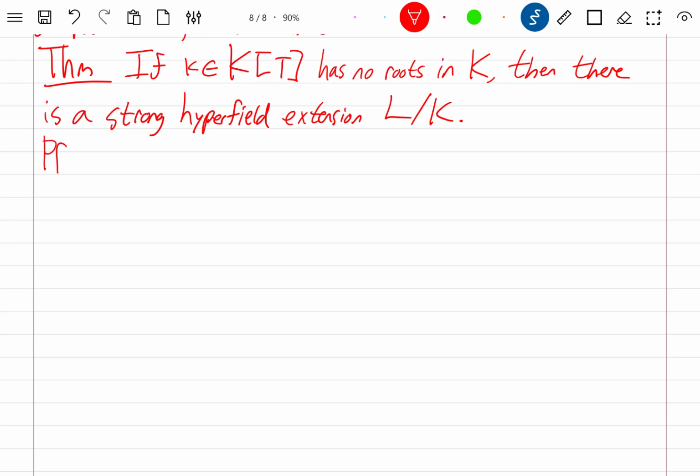And we're going to construct this. And remember, everything here is just for quotient hyperfields. So here's the proof.